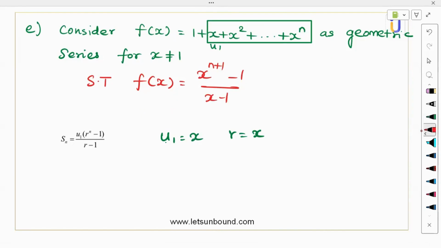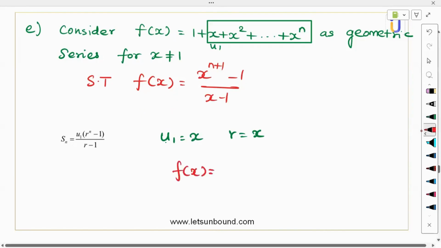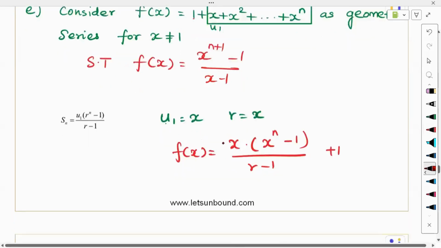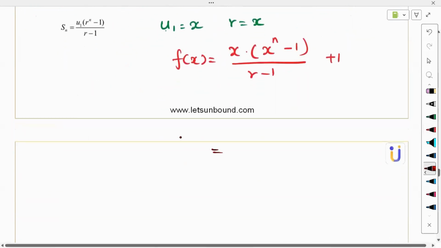So let's go. F of x is equal to u1, x into r is x power n minus 1 by r minus 1. I have left that 1, right? Let us write it over here. Let's simplify it. Take x inside. It will go x power n plus 1 minus x by r minus 1 plus 1.